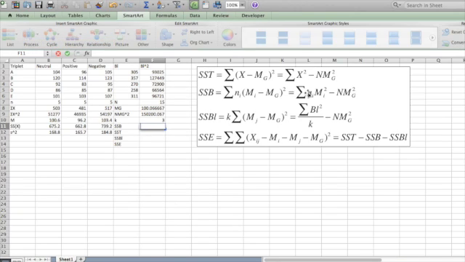And what we need to do is we need to take n times each mean squared and sum them.